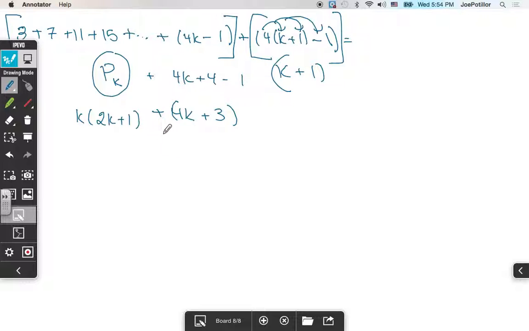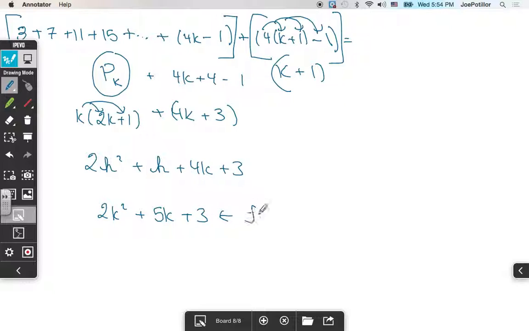Okay. Now, from here, we simplify this hideously ugly expression. So it becomes 2k squared plus k plus 4k plus 3. Correct? Very good. 4 plus 1 is obviously 5. Then we have 2k squared plus 5k plus 3. Now from here, we need to factor the situation.